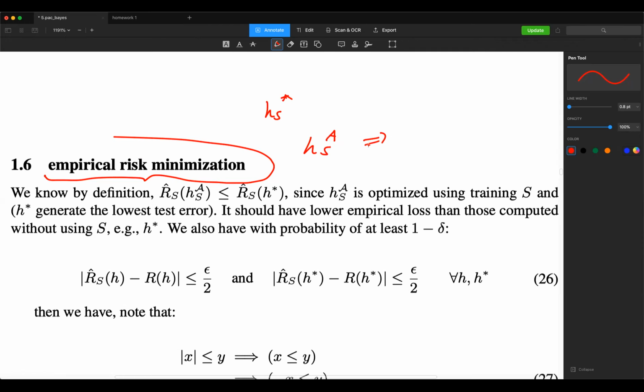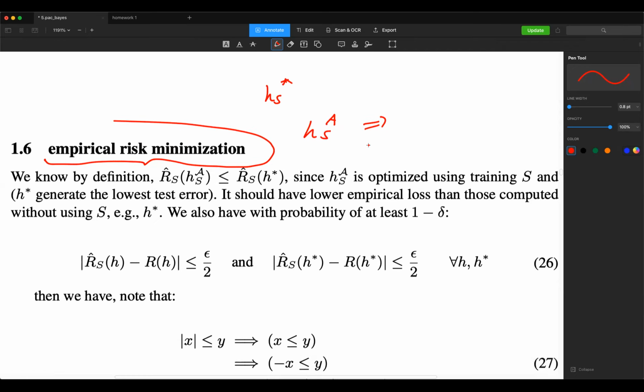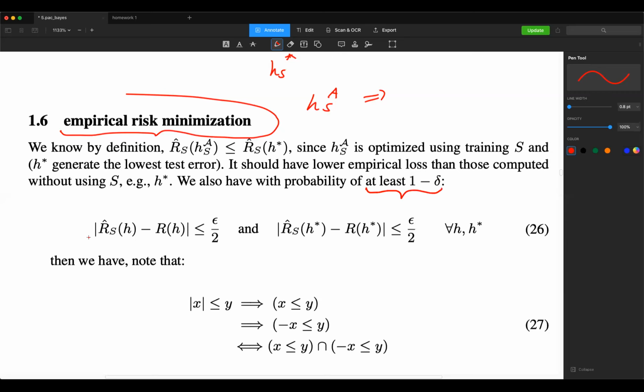When you want to make H specific to a particular algorithm, you put A in it. Or sometimes people just leave out A and say that's the best training hypothesis I'm possibly able to deliver. Okay. So just imagine that we have proved that with at least that probability, this absolute value is less than epsilon divided by 2, and this stuff is less than epsilon divided by 2. Just imagine you proved this already.